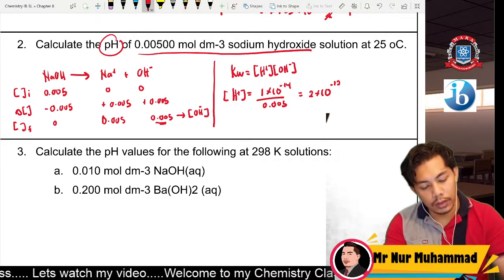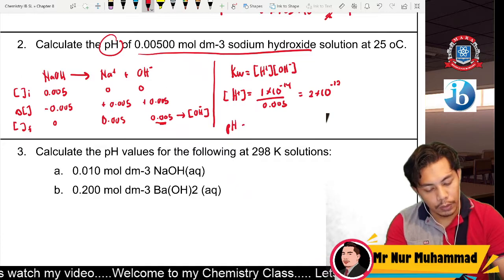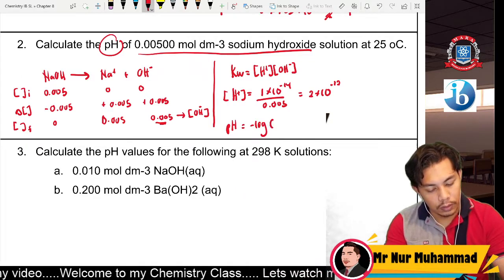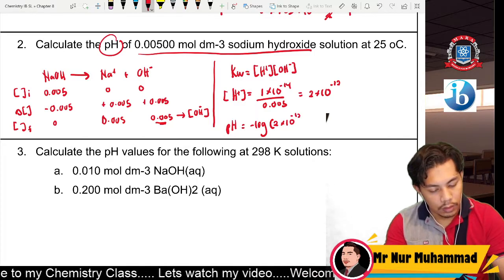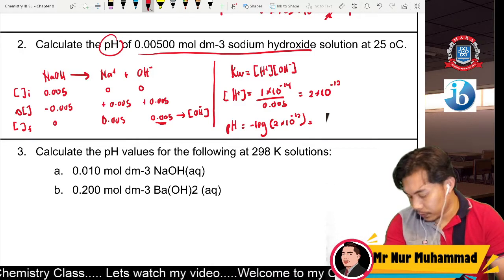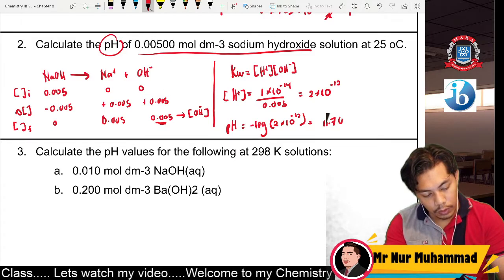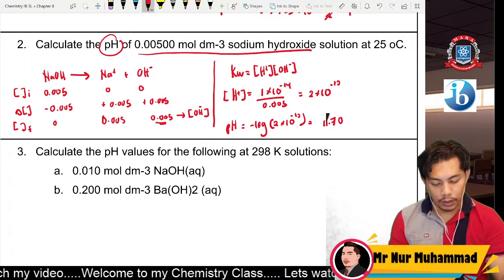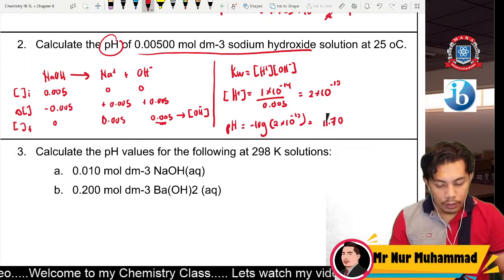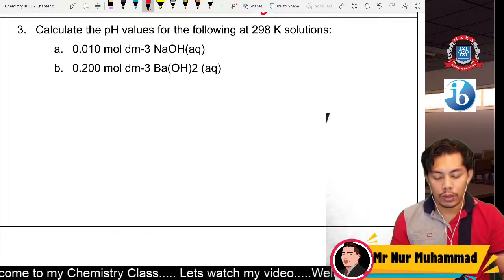Then we can calculate the pH, negative log, and the answer is 11.70. So this is alkali. Now we proceed to the third question.